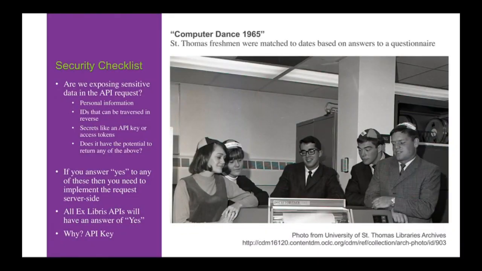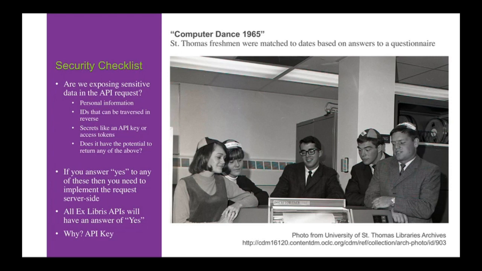So I developed this 4-point security checklist, and I recently had to give this to some student workers in the law library before I gave them access, not to Alma APIs, but to another API set through SpringShare, which is less personal. Are we exposing sensitive data in the API request?